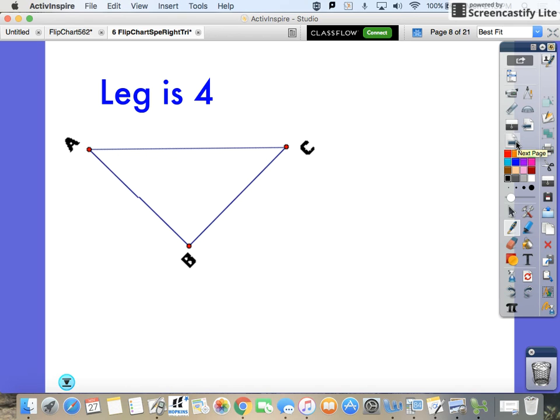For this next one, the 90-degree angle is right here. Even though it's tilted, it's still our 90-degree angle. That means this side is x root 2. This is x, and these are 45. So if you can find the hypotenuse on a 45, 45, 90, I would just start there, and then the other ones are x's. Here it says the leg is 4.